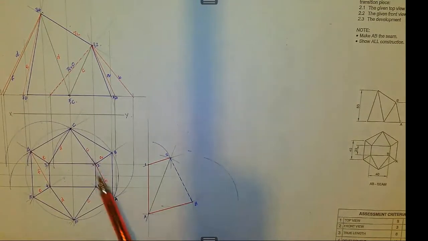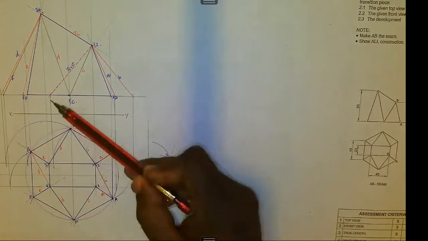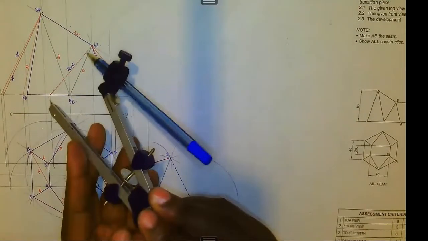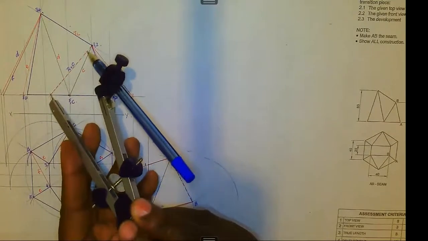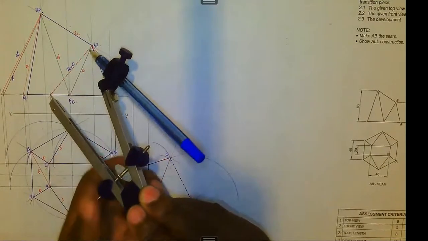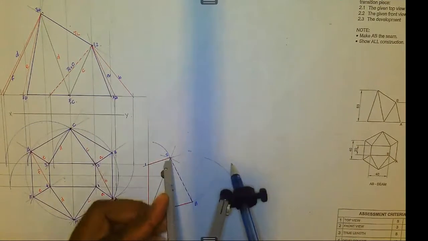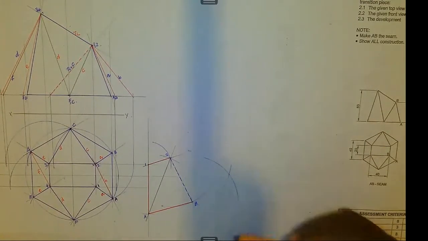The next thing is 2 to C, but the true length to C is this one. So you take the true length, which is that, you stand at point 2, describe an arc. What we have established now is point number C, okay?